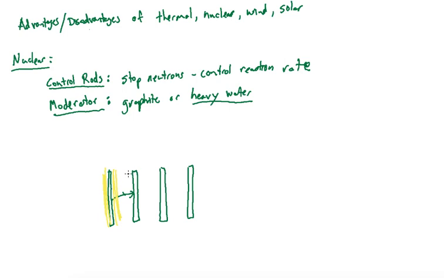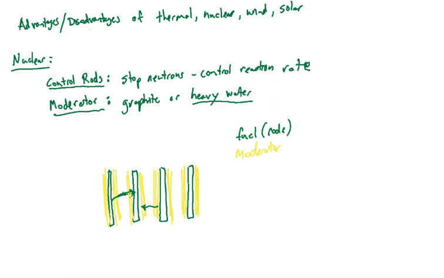This moderator slows those neutrons down so that they're low enough energy to hit the nuclei in the next rod and continue. That's the moderator. That green was the fuel rods, to be specific. It slows the neutrons passing from one to the other so that the reaction can occur, with neutrons passing back and forth.